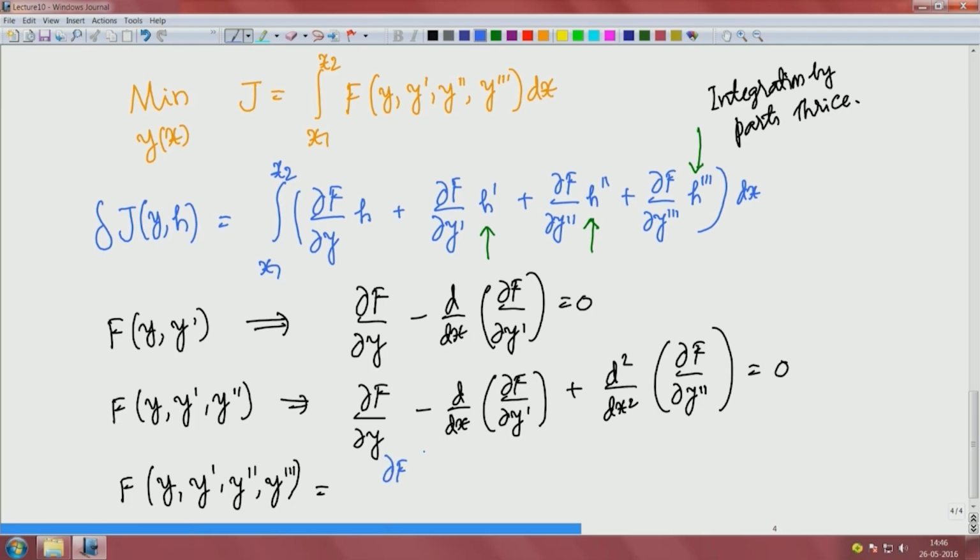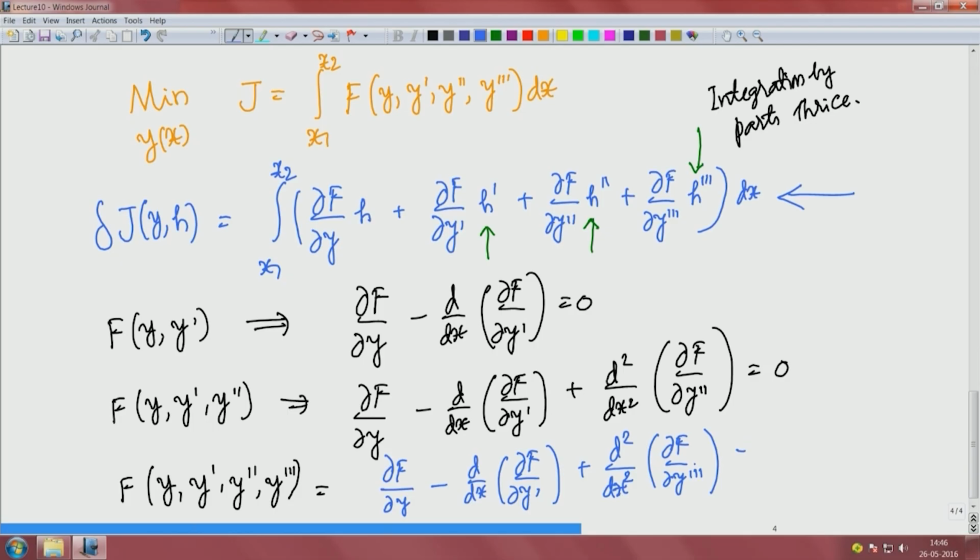We can also do the long-winded way, doing integration by parts as many times as required, or we can write this as ∂f/∂y minus d/dx of ∂f/∂y prime plus d²/dx² of ∂f/∂y double prime.